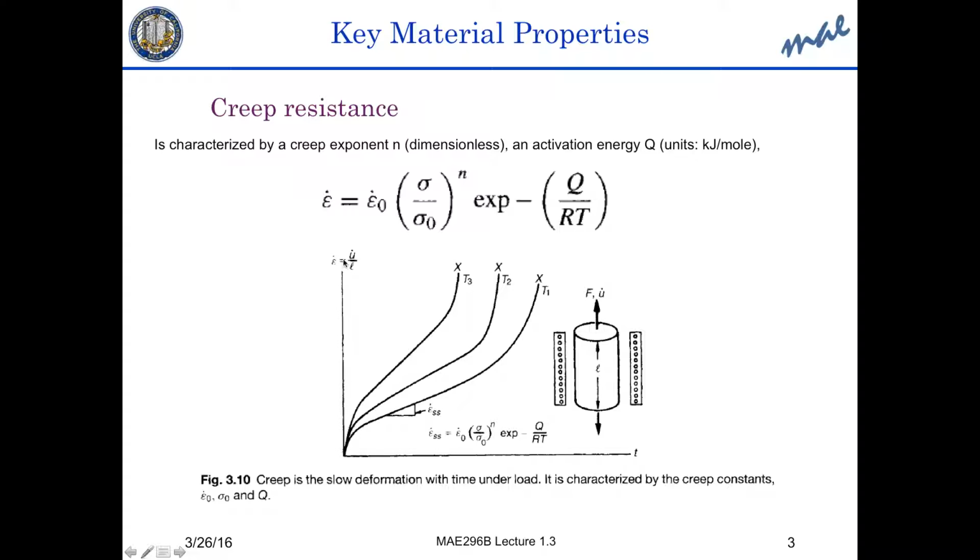This is, for example, epsilon versus time. So if you put a force on a sample, then the force will cause deformation, like a strain. U is the displacement. So the displacement rate is the strain. So this should be epsilon and not epsilon dot.